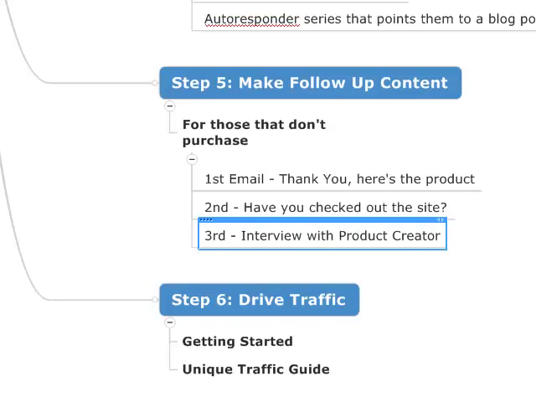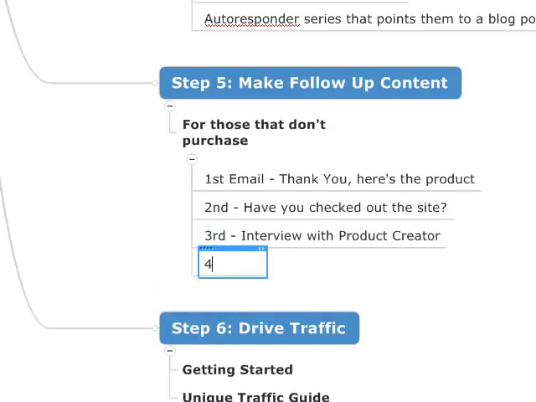And in it, he reveals, make sure you always tell them that they're going to get something out of it, in this 30-minute audio, you're going to get some free secrets on how you can lose weight using this system, and you can learn more about Fat Loss for Idiots by hearing this interview with the product creator. It's great. I'm excited about it. Go listen to it, okay? So that would be the third email.